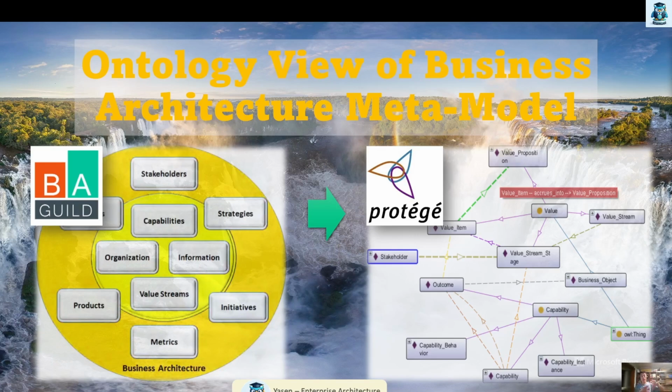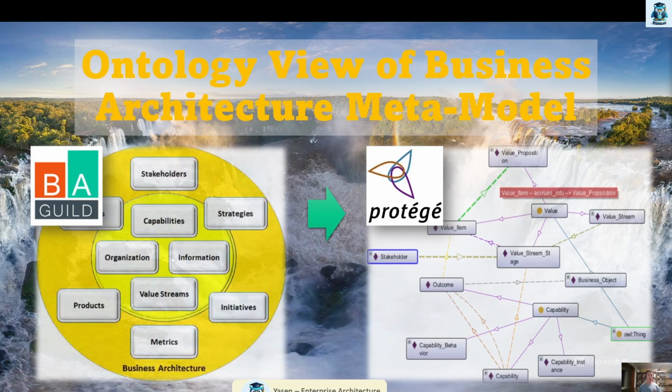I have learned a lot about the BA Guild, which represents the Business Architecture Guild. They publish the Business Architecture book, the BIA book, body of knowledge. Within that BIA book, they teach a total of 10 business architecture domains in two circles.